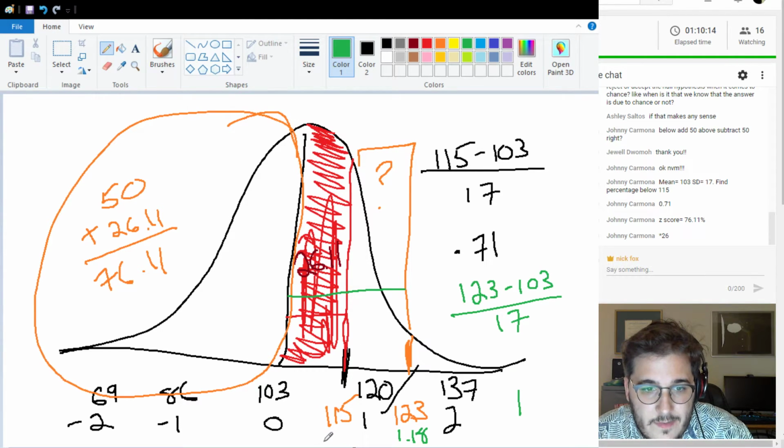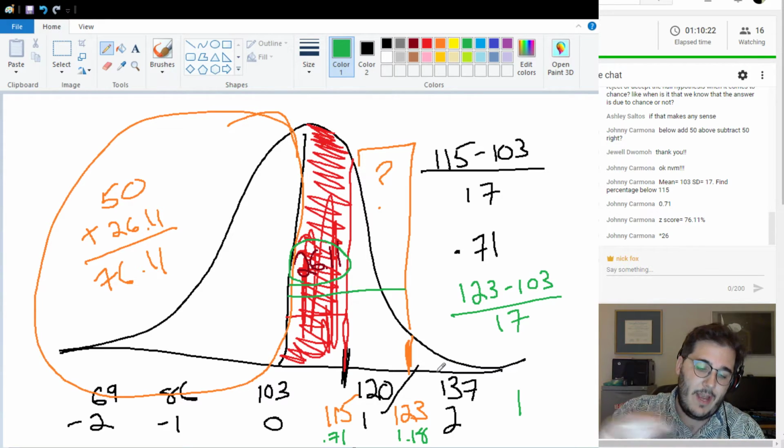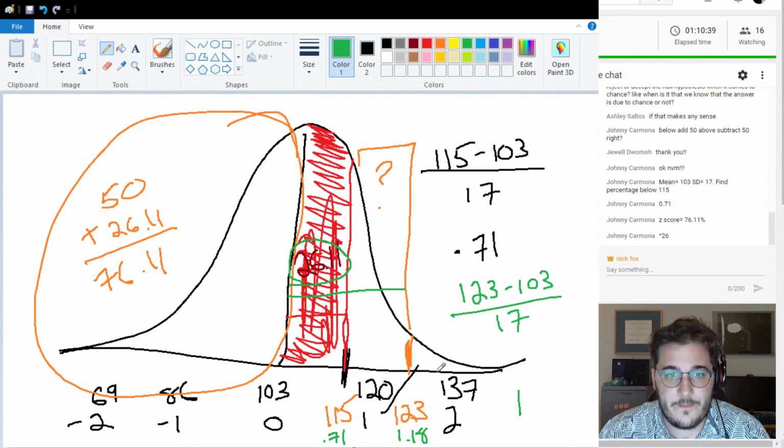Here we know the z value is 0.71, so we already got this value, but now we want this value. So we look up 1.18 in the back of the book, and it is 38.1.